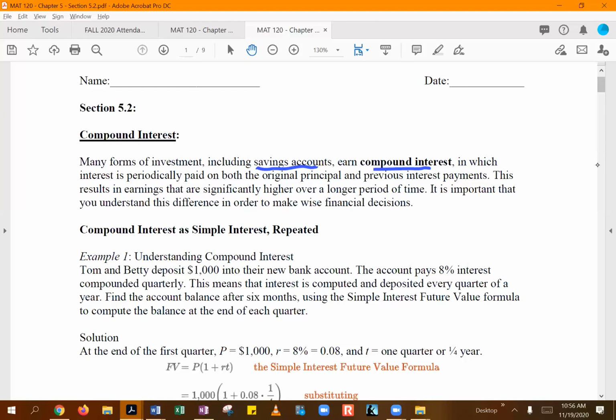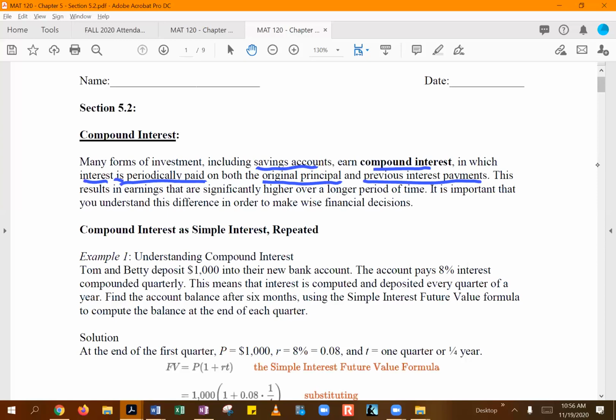So this is where interest is periodically paid on the original principal amount and any previous interest payments. In this case, these earnings end up being quite a bit higher if you compare this with simple interest earnings.